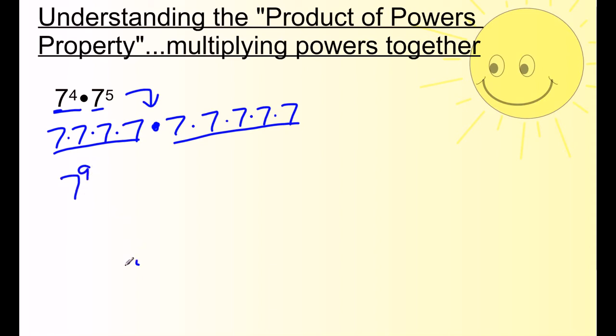So we just simplified this exponent. So 7 to the 4th power times 7 to the 5th power is 7 to the 9th power. And there's actually a rule that can help us do this.